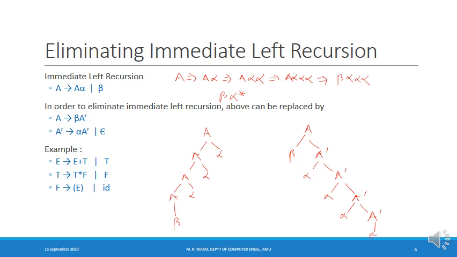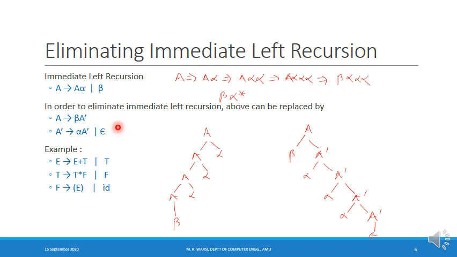So this is the parse tree for the string beta, alpha, alpha, alpha. This parse tree is using the first grammar, beta followed by 3 alphas, and this parse tree is using the second grammar, beta followed by 3 alphas. So if you examine and analyze these two parse trees, I can say that this grammar is equivalent to this grammar, and in this grammar the immediate left recursion has got eliminated.